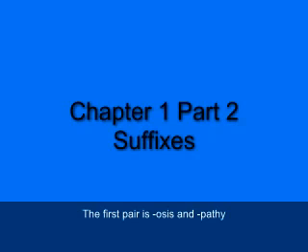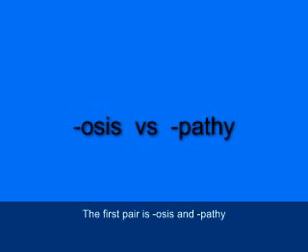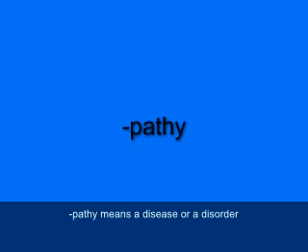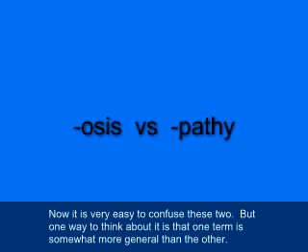The first pair is osis and pathy. Osis, O-S-I-S, means abnormal condition. Pathy, P-A-T-H-Y, means a disease or a disorder. Now it's very easy to confuse these two, but one way to think about it is that one term is somewhat more general than the other.